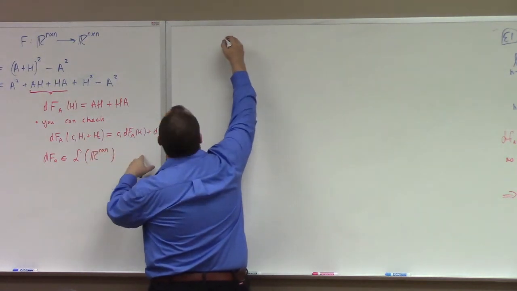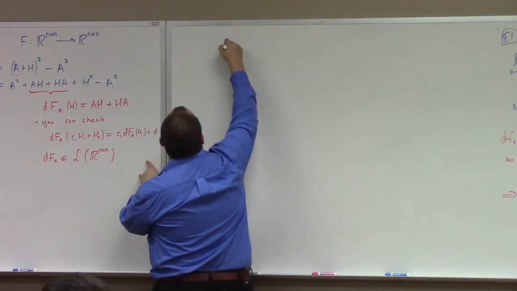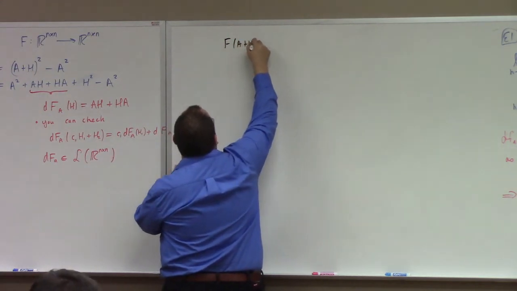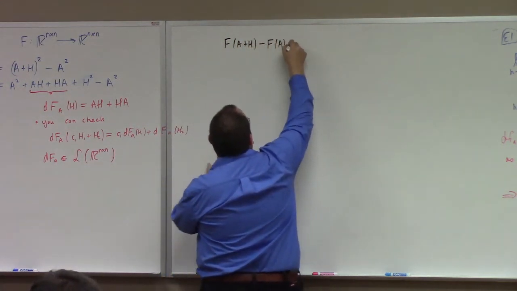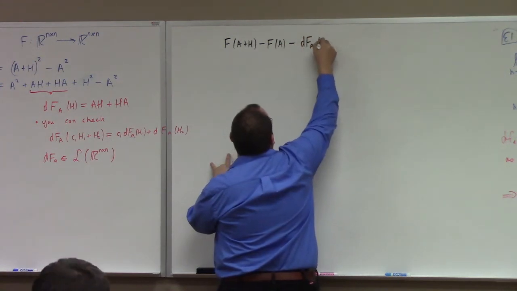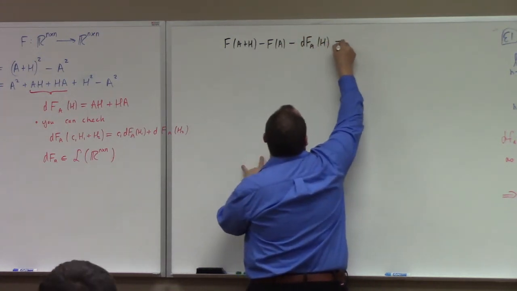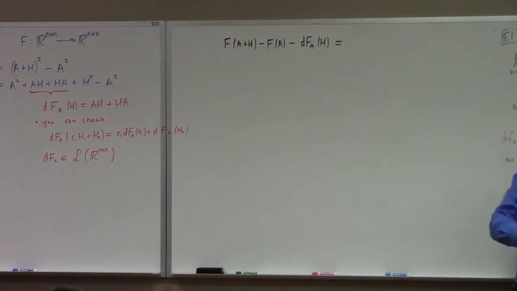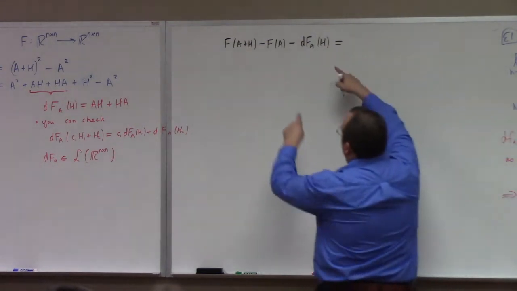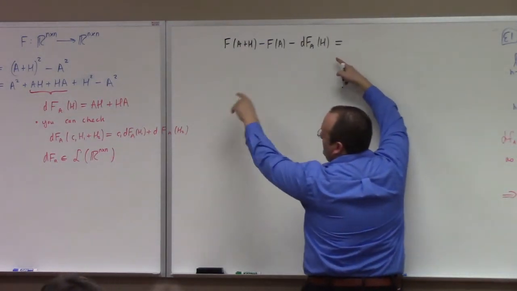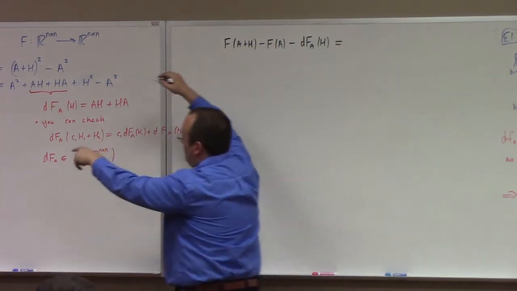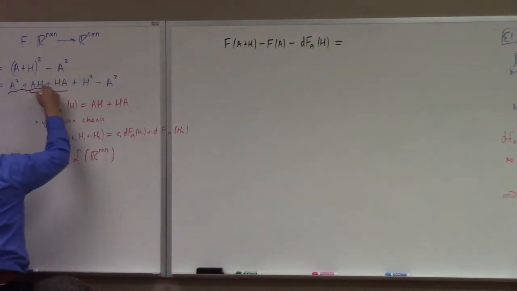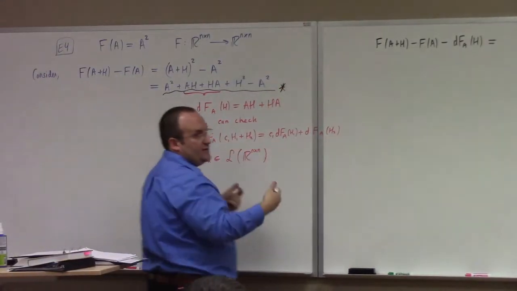So we need to look at f of A plus h, minus f of A, minus df_A of h, right? And what's that equal to? Let's just look at that expression and come to an understanding of it. Then we'll use that to analyze the Frechet quotient, right? Save ourselves some writing. What is this, though? Let me call this whole thing over here star, all right? By star, what is it?